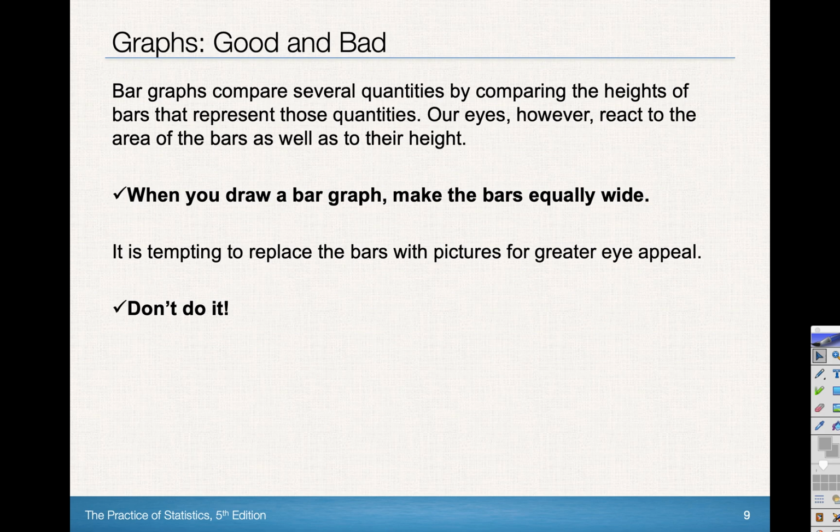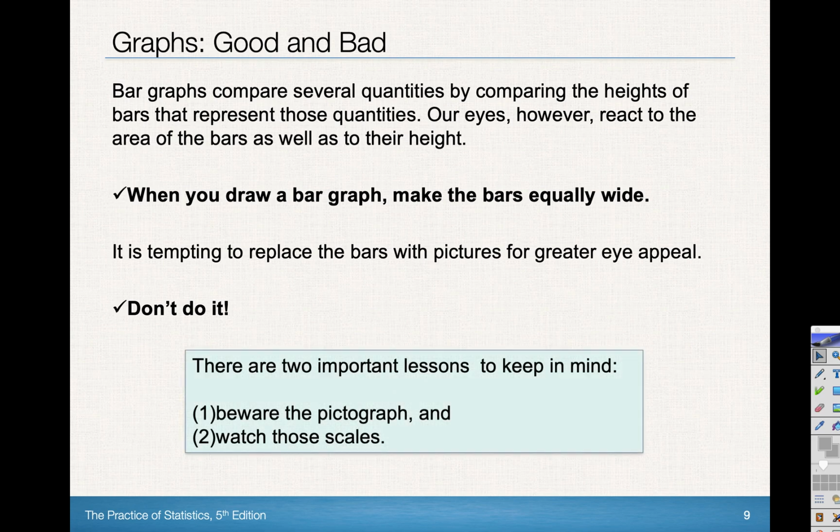Don't use a pictograph. Pictographs are bad because they really distort the graph because of the pictures and how the pictures could represent different sizes. For example, if for one category you're talking about apples and you draw an apple, another category you're talking about trucks and you draw a truck, the apple and the truck could be different sizes.